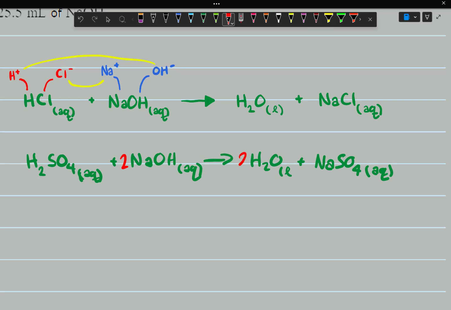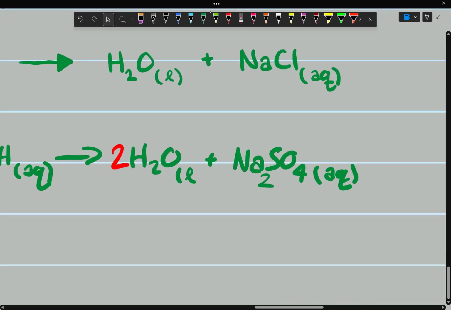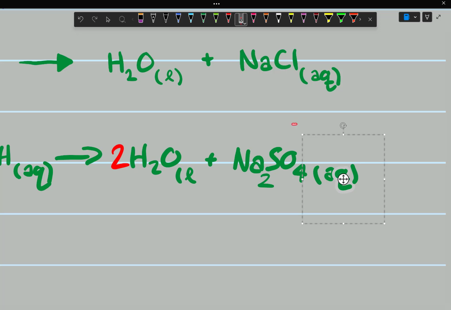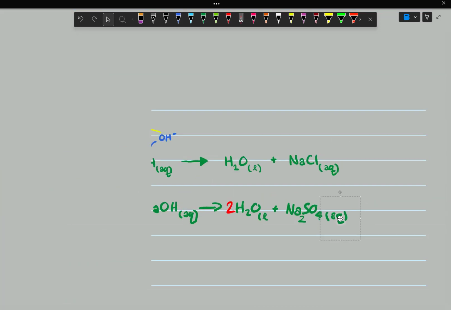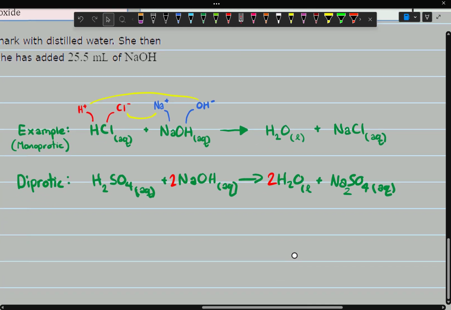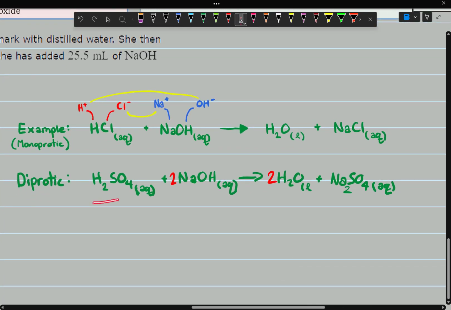All right, that makes 4, and then 2 here. And now notice that this should be a 2. Hopefully you caught that, because sodium has a charge of +1, and if it combines with a -2 charge, we need 2 of them. But now we have a balanced equation.